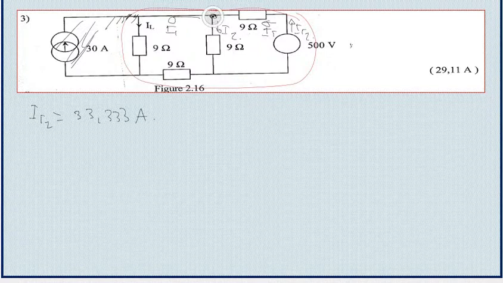At this point the current will split into two branches. So we have the first current and the second current.